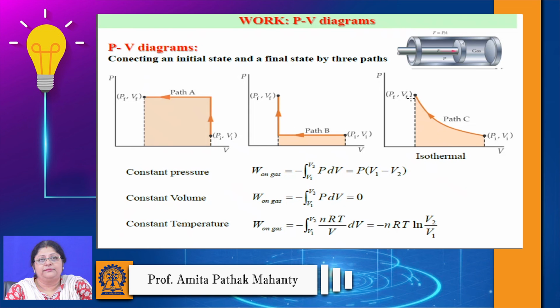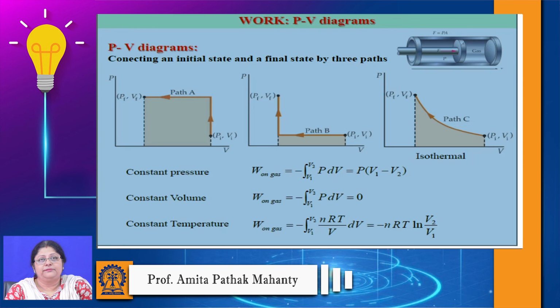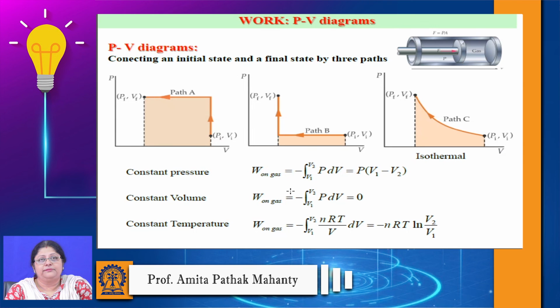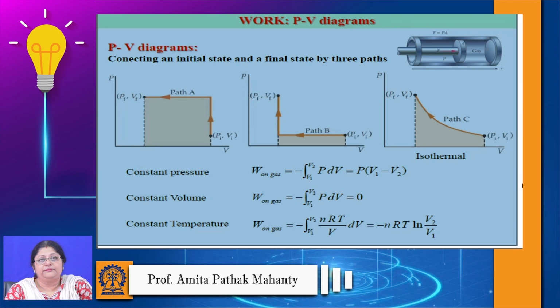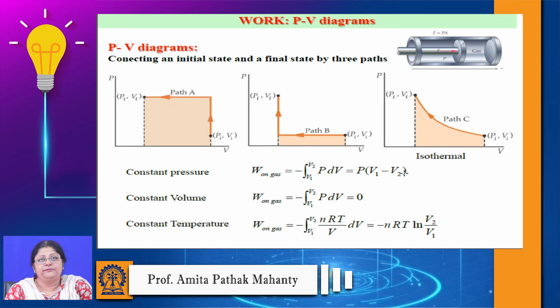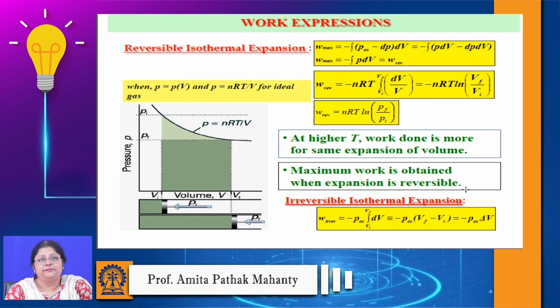And if you have a continuous change of P and V, that will give you this sort of expression. If the gas is at constant volume, obviously there will be no change and the integral of PdV is equal to 0. But if you have a constant pressure, then you do not integrate. P is taken out of the integral sign. You just put the P and you have the change in volume. So you should practice these.